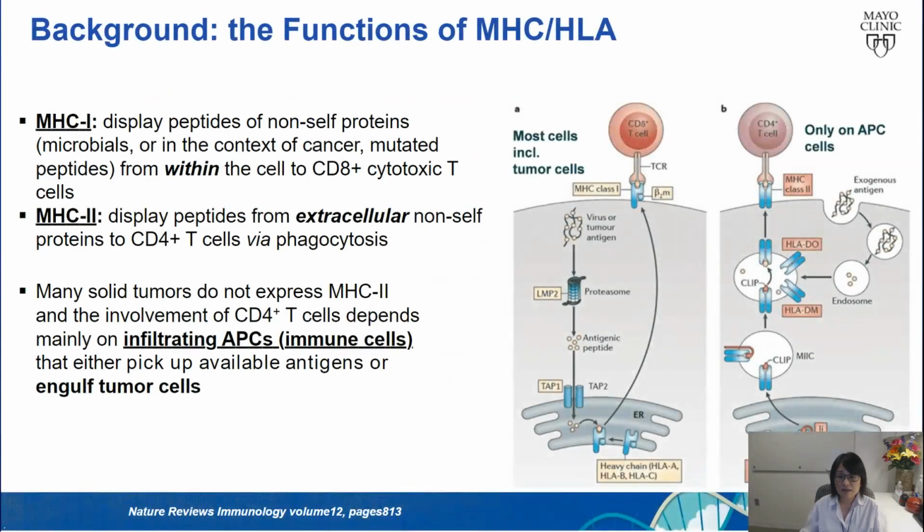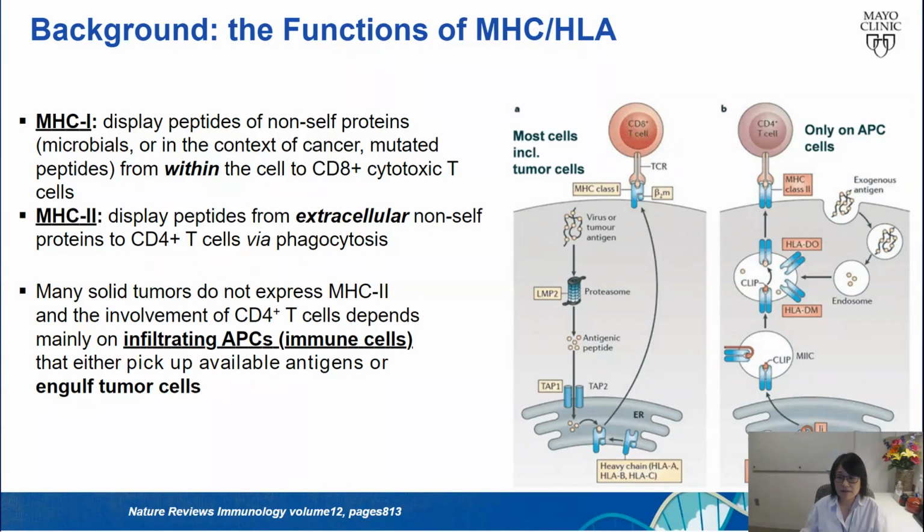MHC class 1, or HLA class 1, presents peptides from non-self proteins from within the cells to CD8 positive T cells. The non-self peptides could be from, for example, microbials, or in the context of cancer, mutated peptides. MHC class 2 presents peptides from extracellular non-self proteins to CD4 positive T cells through phagocytosis.